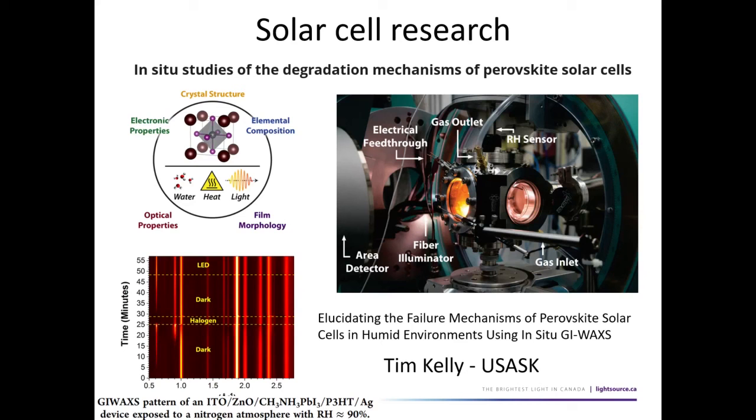So he can, for example, study the degradation of different materials in the solar cell and how long they last, how they respond to different water humidity, and things like that. So he's a frequent user, and he developed this environment that's quite useful for his particular research.